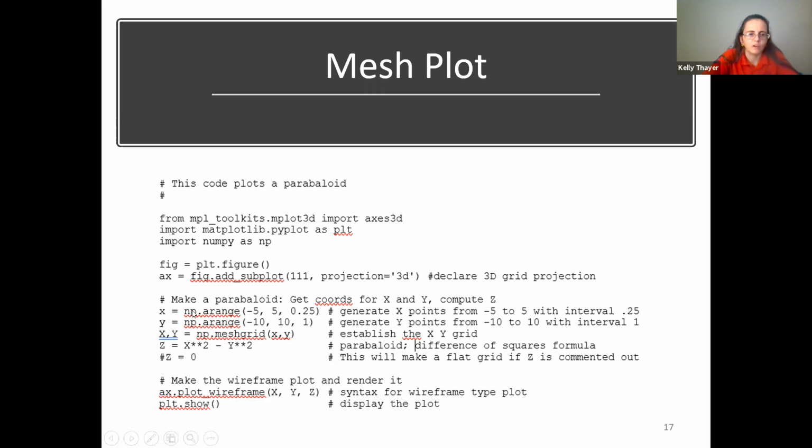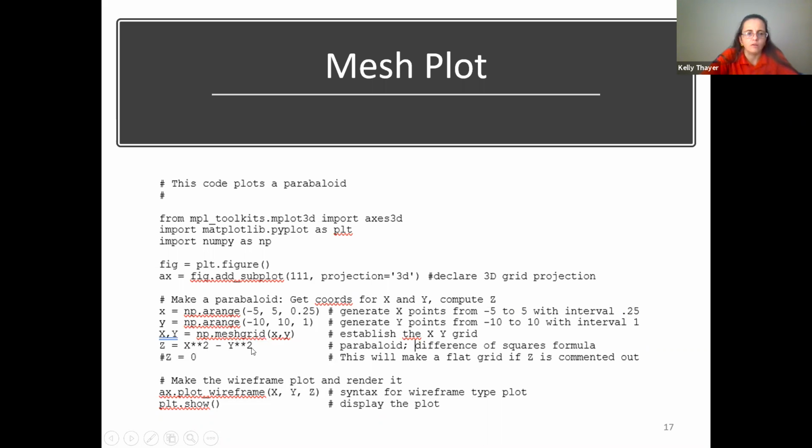So there will be 0.25 between each of them. And then we're also going to do the same for Y. And then we're going to establish the XY grid using meshgrid, which is available through NumPy.